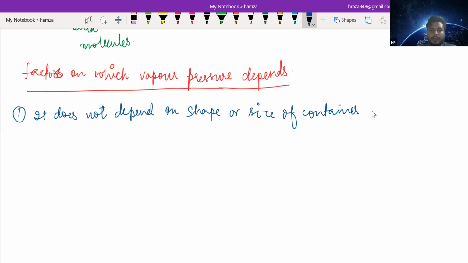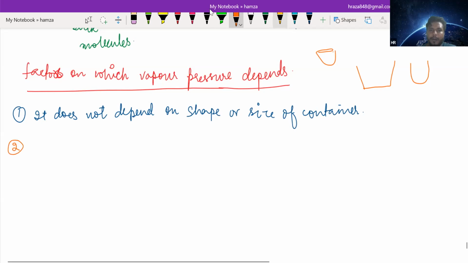Like, if you have kept the solvent in this type of container or in this type of container or in any type of shape or size of the container, it will not depend on the shape or size.